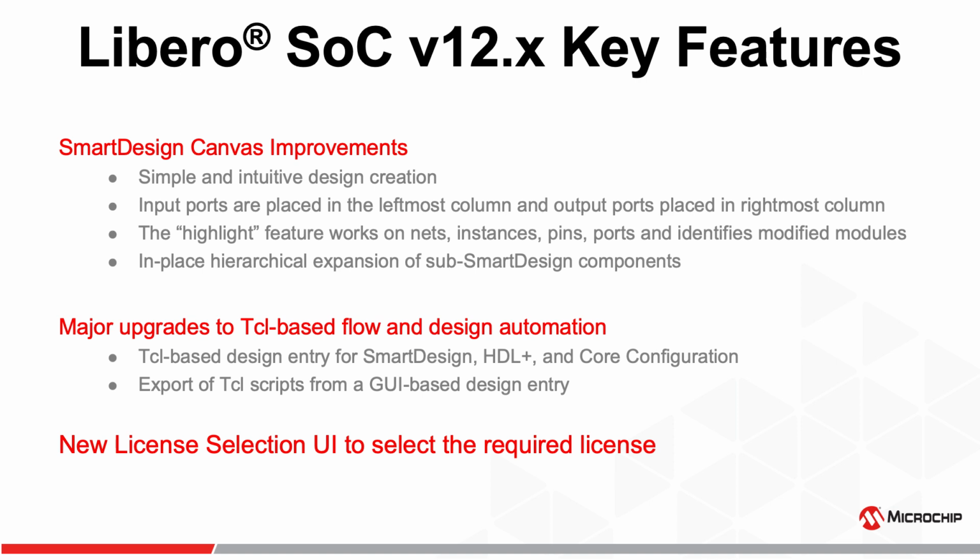And you can highlight any net or instance to easily navigate your design. It also supports in-place hierarchical expansion. I will show that in the demo. We are now supporting Tcl-based design for the SmartDesign, HDL plus, which means the custom HDL IP, and the core configuration. Using the UI, you can also export the Tcl scripts from the UI.